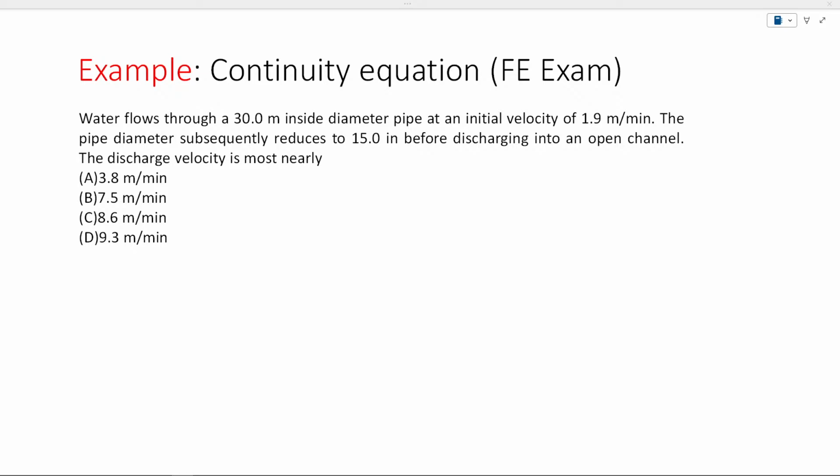The pipe diameter is subsequently reduced. So I have a pipe that reduces in diameter, something maybe that looks like this. So here is 30 meter, here is 15 meter. Q is not changing, because Q in is equal to Q out.